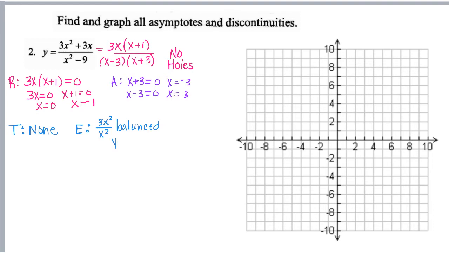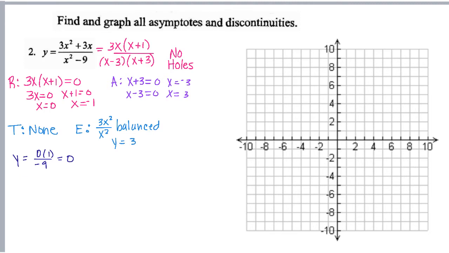So that's going to tell me that I have a horizontal asymptote at y equals 3. And then finally we have Y. That's going to be our y-intercept. So with our Y, we do let all of the x values become 0. So we're going to have y equals 0 times 1 over -9, which is going to be 0.